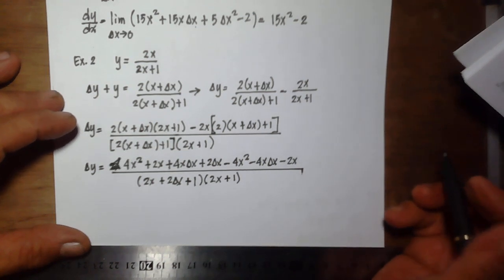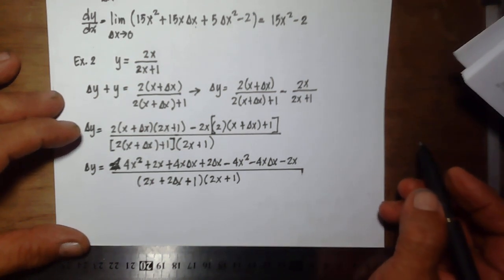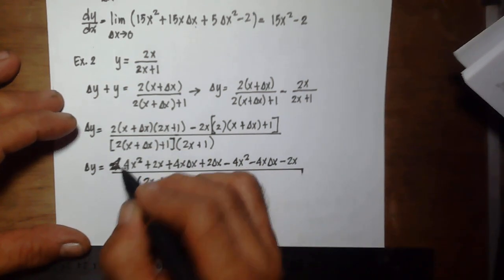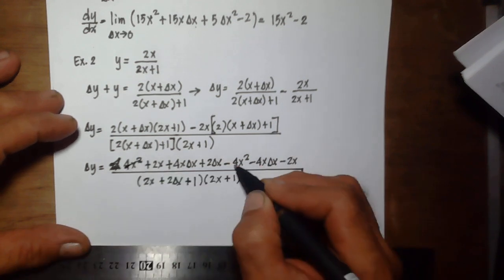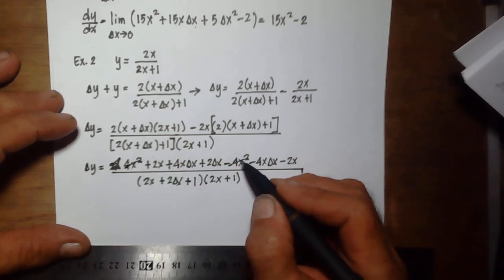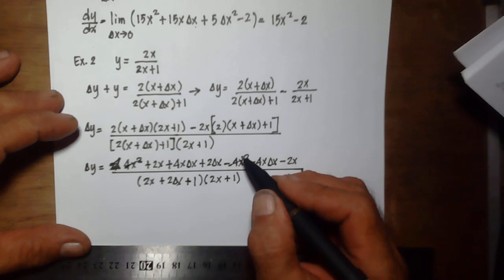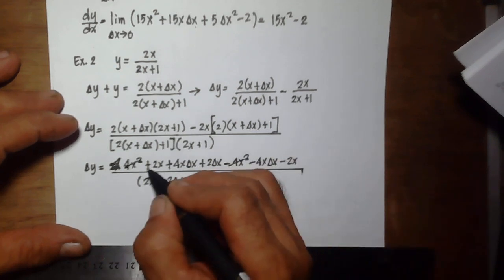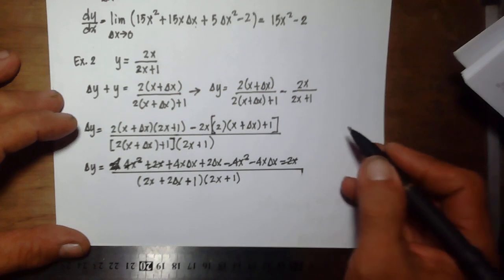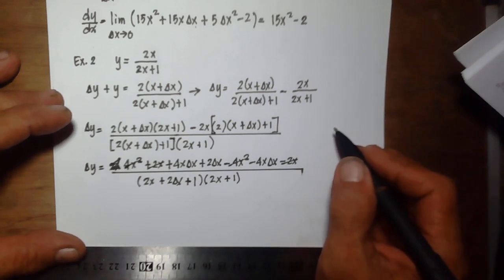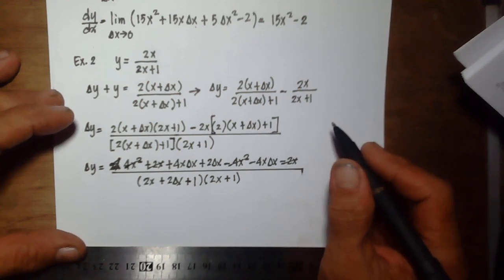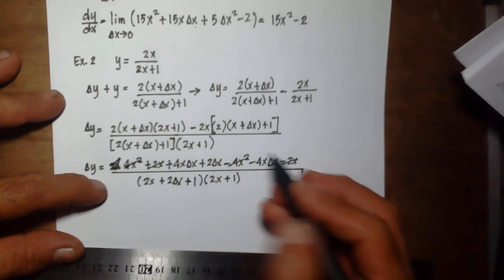Now we simplify the numerator by canceling terms. So we have 4x squared cancelled. And then we have plus 2x minus 2x. So we are left with 2 delta x.